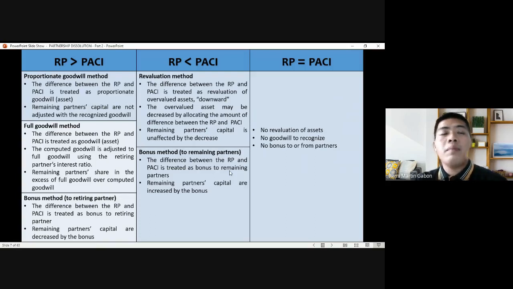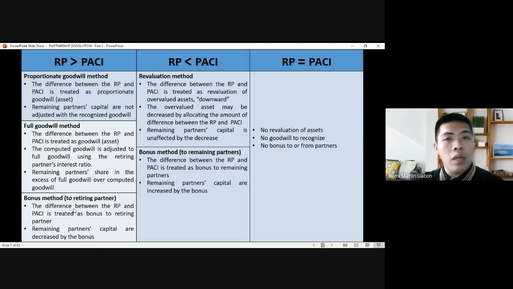So if the retirement price is greater than the PASI, or the partner's adjusted capital interest, then three assumptions will be considered: either proportionate goodwill, full goodwill, or bonus method.